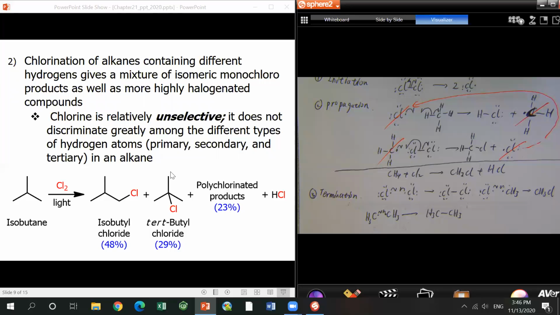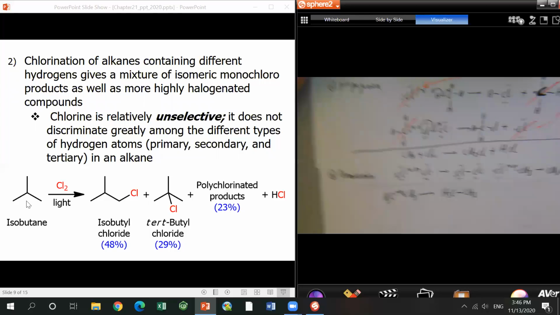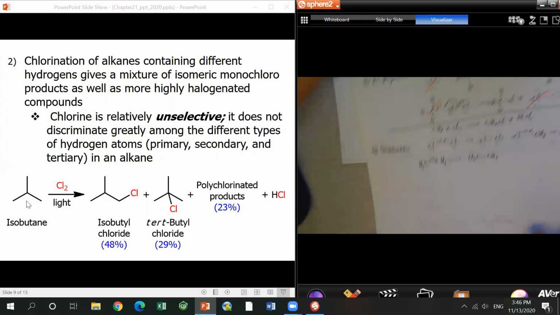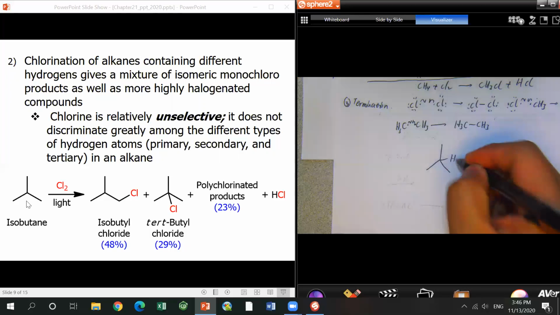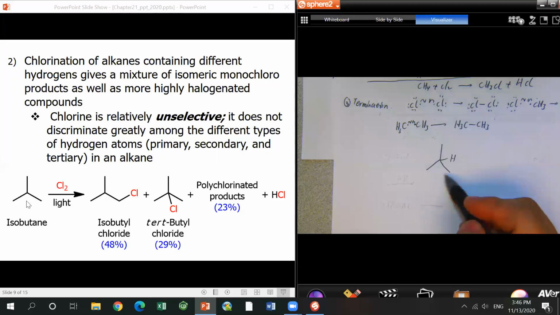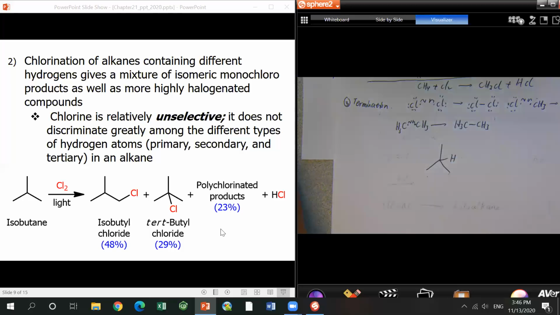For example, this here is isobutane, which has two kinds of protons: totally 9 methyl protons, and then in the middle there's the tertiary proton. When the reaction happens, both protons can be replaced by Cl.